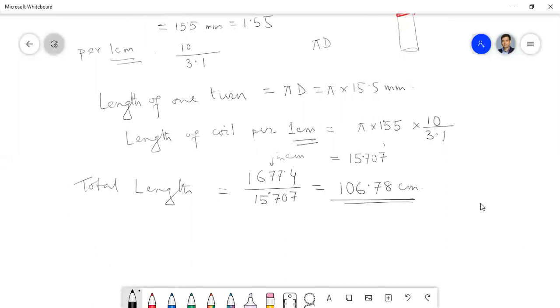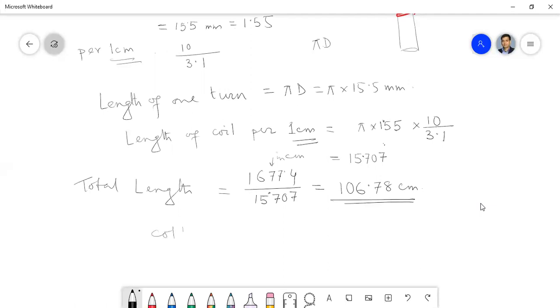But in the second part, it has asked that if the charge becomes cold, then what will be the temperature of the element? Now this cold, you can take cold means the room temperature at 27 degrees Celsius.